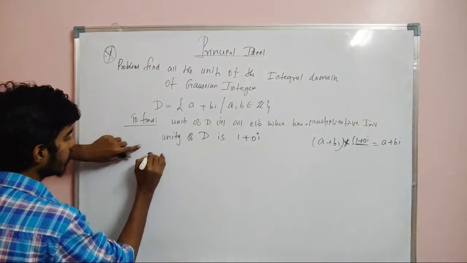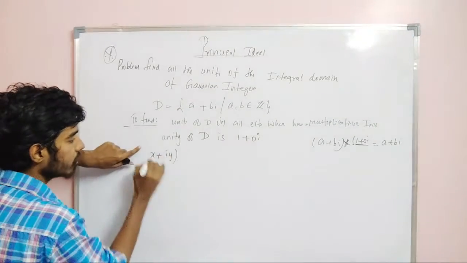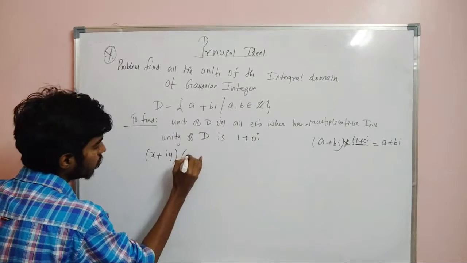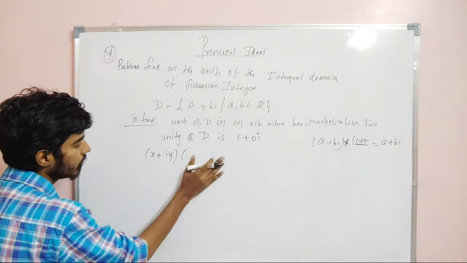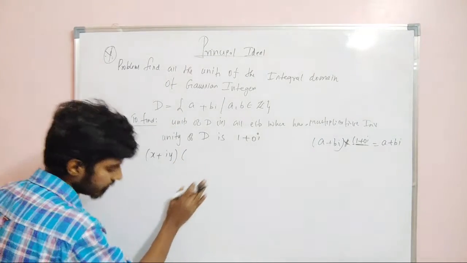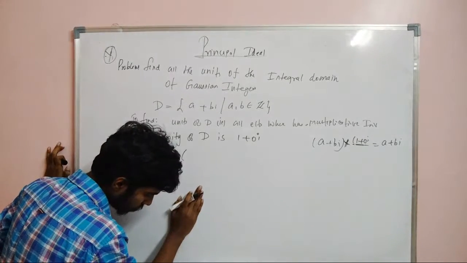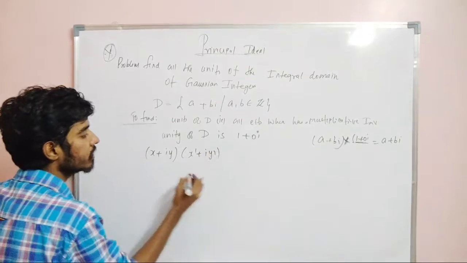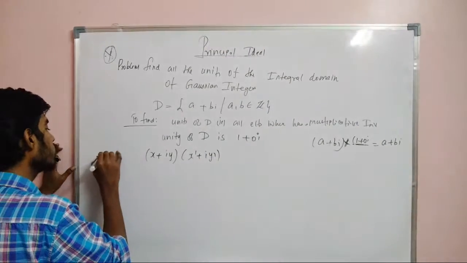So we need to collect all those elements x plus iy such that x plus iy times its inverse gives 1.